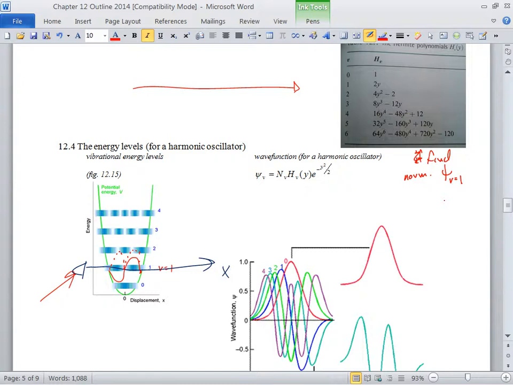Now this is easier than the test because it's sitting there right next to the equation, but what would you do? I want you to find the normalized wave function for v equals 1 for a harmonic oscillator. The English may not even say all that. The big giveaway is the v. That's your quantum number.